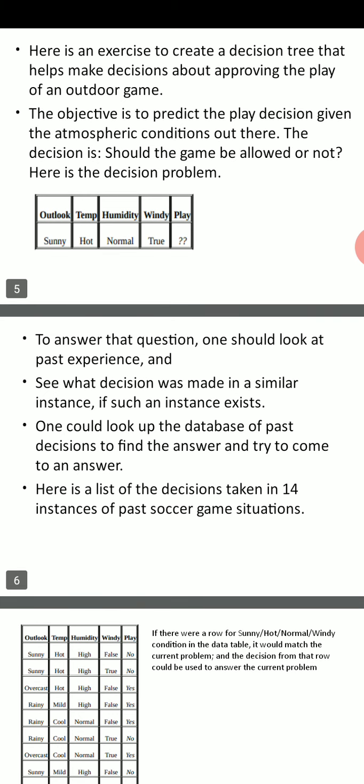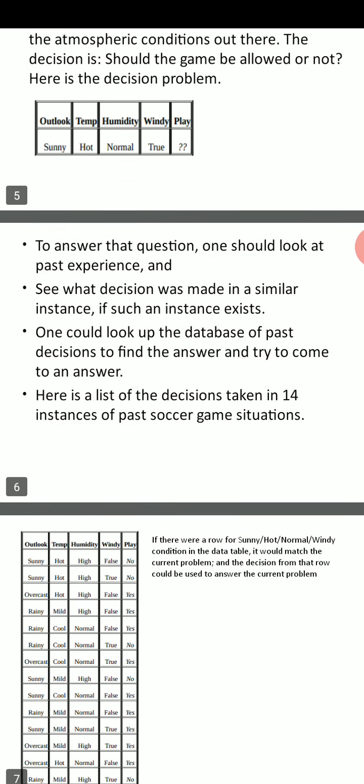To answer the question, one should look at the past experience. The past experience is nothing but the data mentioned below, which you can note down. And I would suggest all of you to do it in parallel, step by step, so that you will be very clear on how to construct a decision tree at the end. And this would also be an important question from your exam point of view.